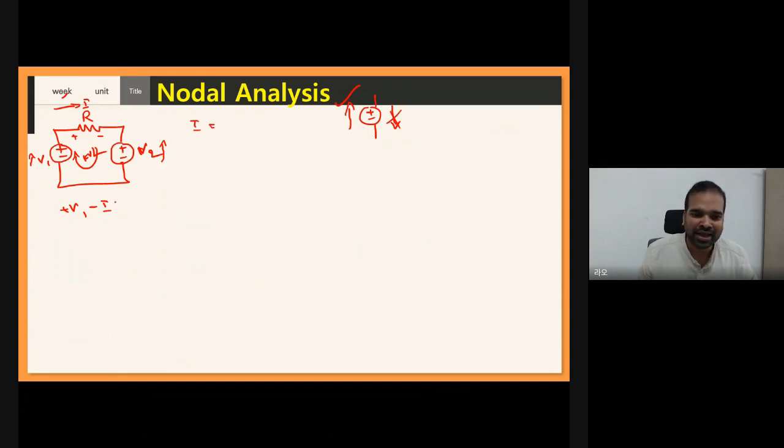V equals IR, and here plus and minus V2 equals 0. Now we want I, therefore minus IR equals V2 minus V1. If you multiply by minus, what will you get? IR equals V1 minus V2. Therefore I equals (V1 minus V2) by R. So if you apply KVL, you get I equals (V1 minus V2) by R.